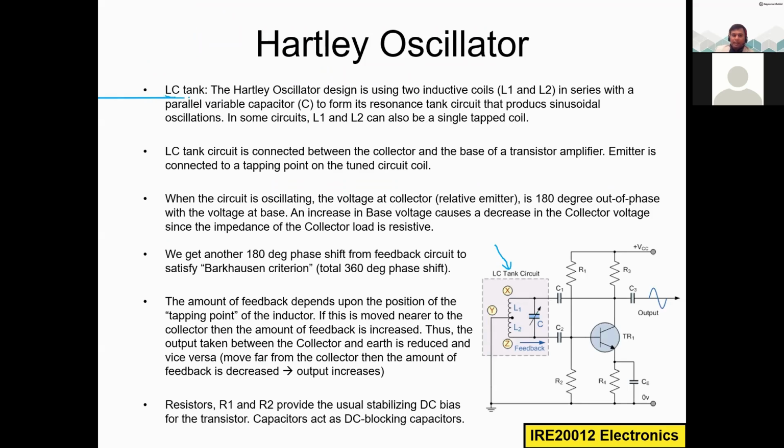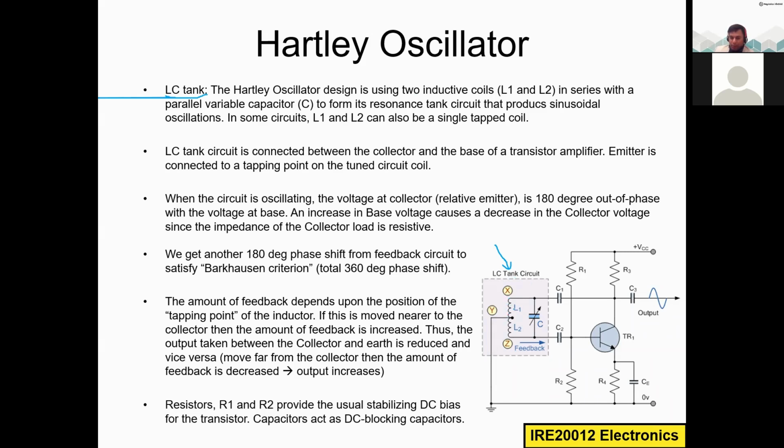Here we have the LC tank. This is the LC tank circuit, and this is the feedback circuit. In any oscillator, we need an amplification stage and a feedback stage. This is the feedback stage of this oscillator. Here we have two inductors.